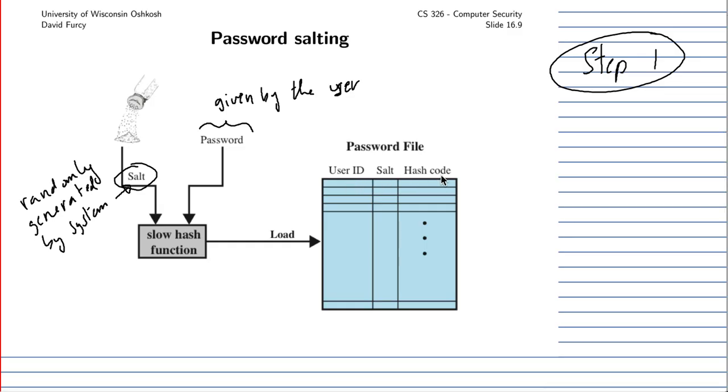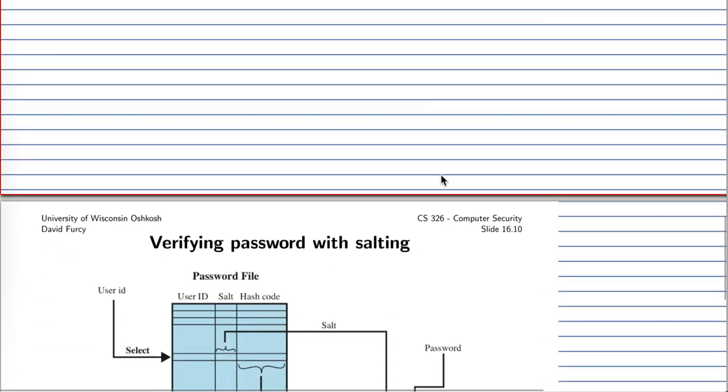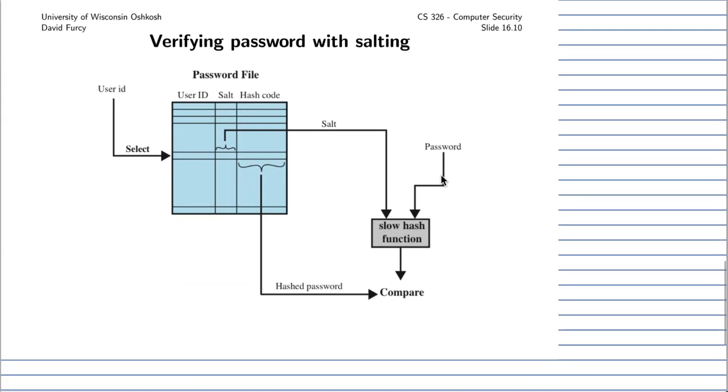So in a second step then, every time the user is going to try to authenticate him or herself, we're going to do the user authentication step. Remember, that's the second step in the access control process that we discussed in the first video of this lecture. So let's say a user comes in or tries to log into the system. They're going to type in their user ID. That's the identification step, right? Then they're going to provide their password. And at that point, what's going to happen?